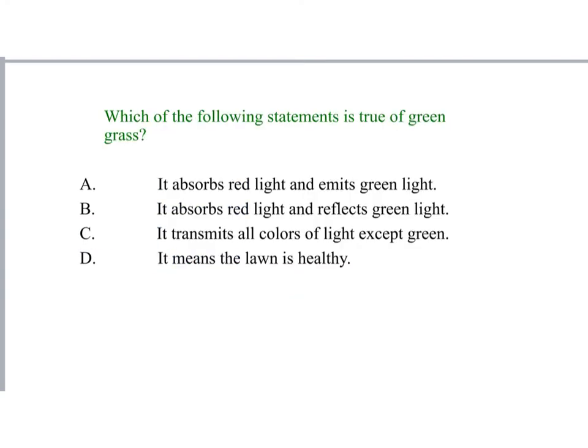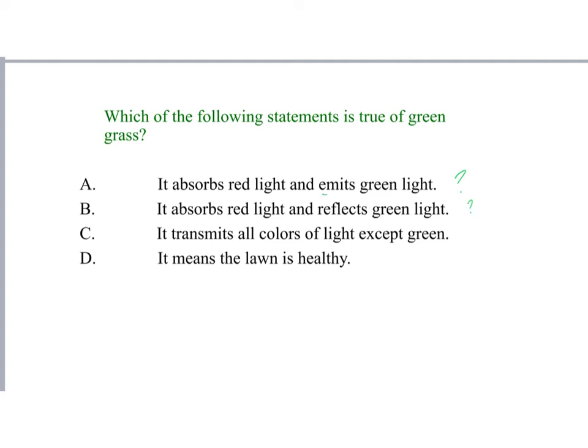Here's another one. Which of the following statements is true of green grass? What do you think? So I'm just testing your knowledge or intuition here, because we didn't talk about this yet. So green grass, what do you think? A, it absorbs red light and emits green light. Or B, it absorbs red light and reflects green light.